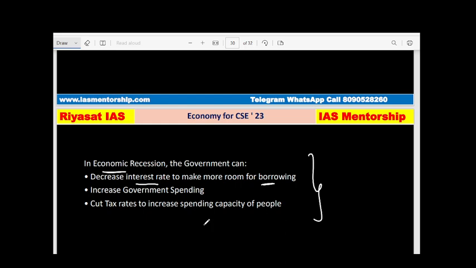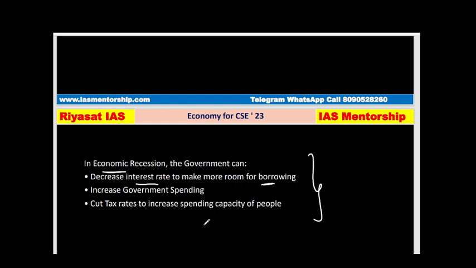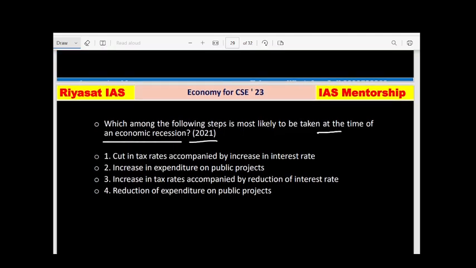We need to give some amount of money to the public so that they can start investing now. Okay, so increasing the government spending also. Cut tax rate to increase spending capacity of the people. So cut in the tax rate accompanied by increase in the tax rate. Increase in expenditure on public project.